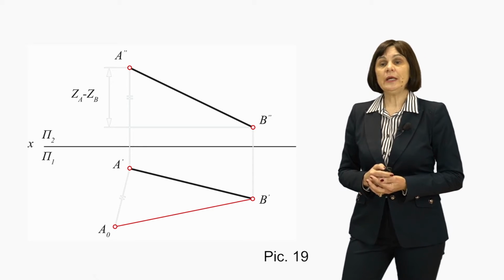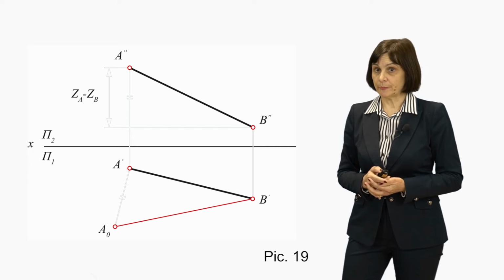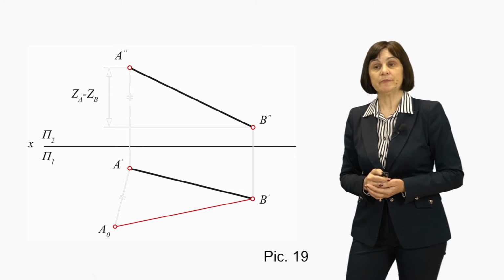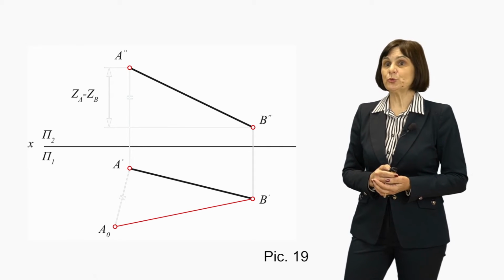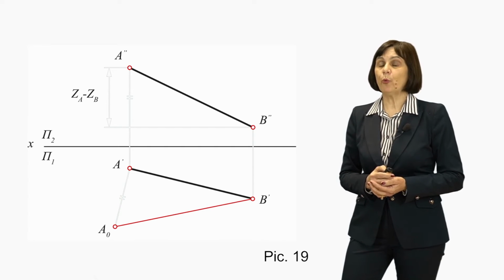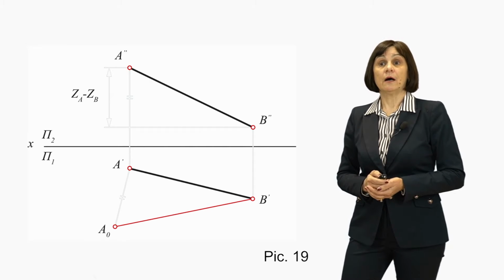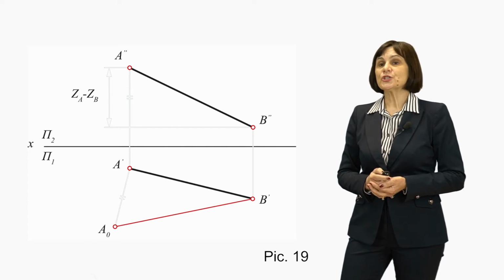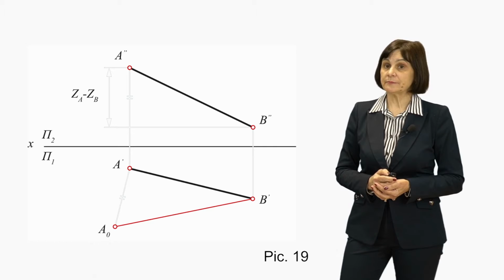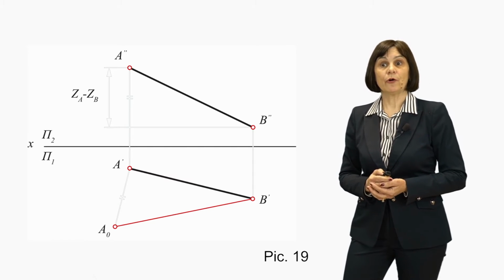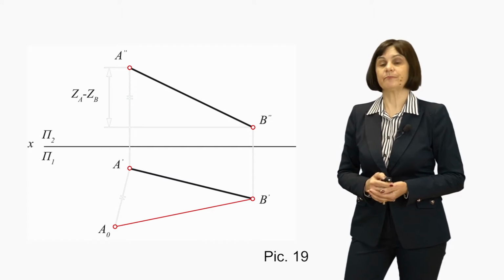This difference we can get only on the frontal plane. It's the segment ZA minus ZB. It's the difference between the heights of the points A and B on the frontal plane. So we take this segment and construct a perpendicular line to the segment AB on the horizontal projection plane.